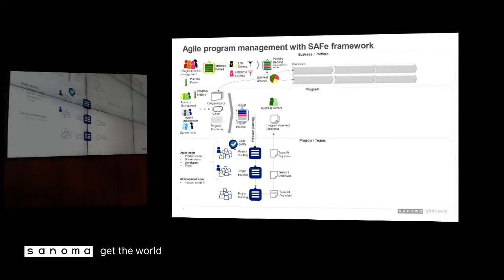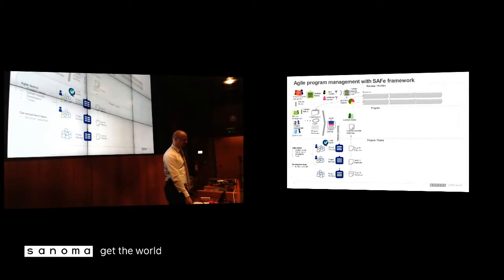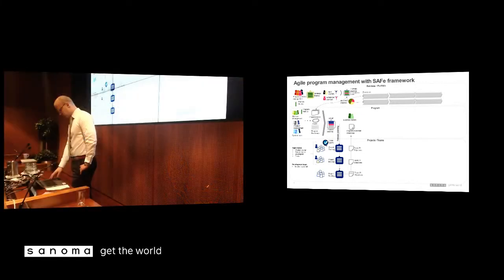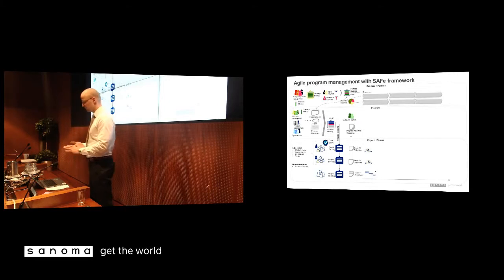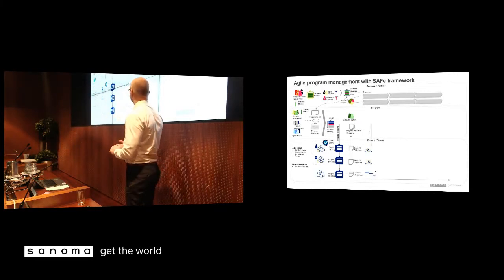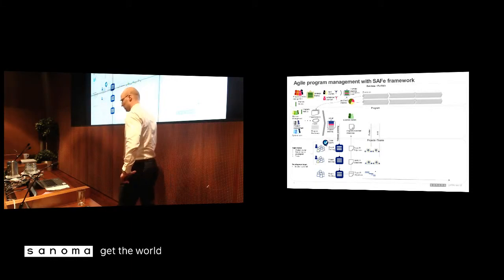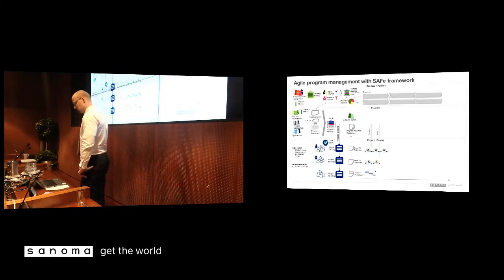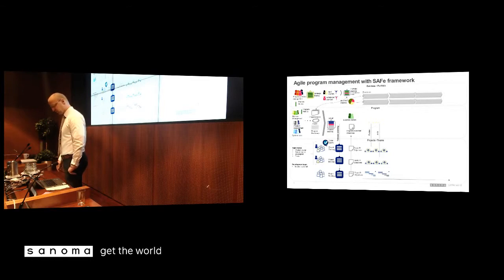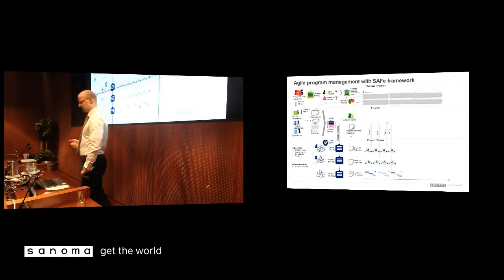When the business owners agree that okay, that's fine, let's continue, we can start. And with their own cadences, our development teams will do their work and give us features, architectural features, and so on.